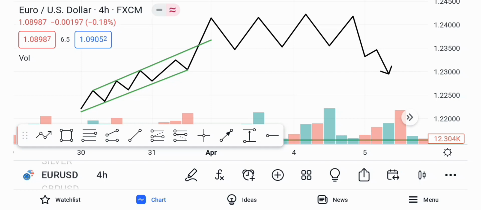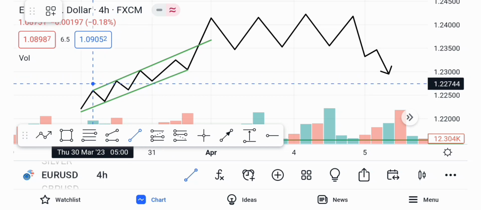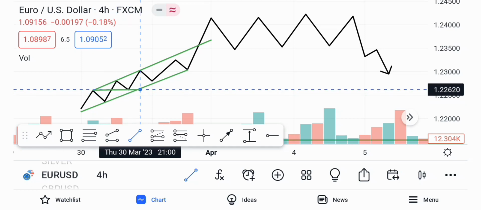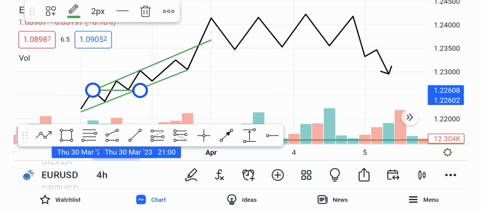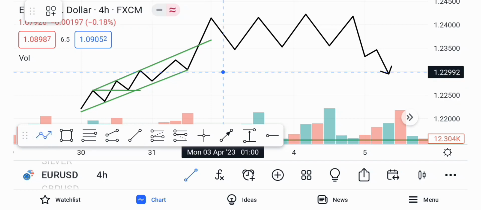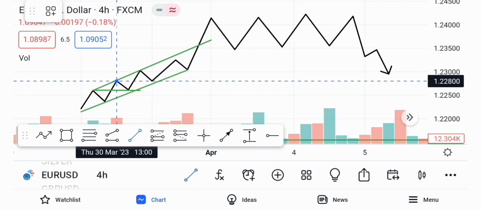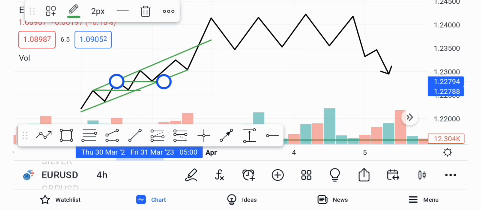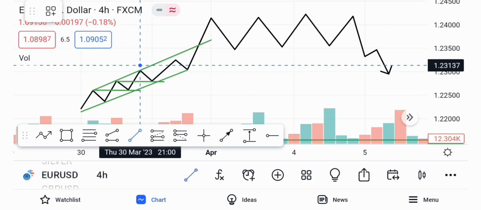We have successfully identified it, and we can also use another way to identify the uptrend, the one where your support becomes your resistance or your resistance becomes your support. As you can see, our support is turning into our resistance. So this is a clear, perfect uptrend.